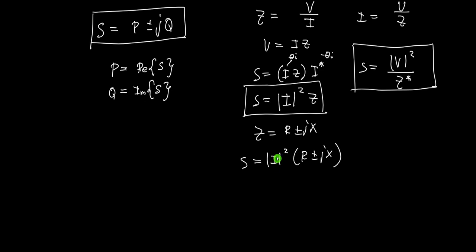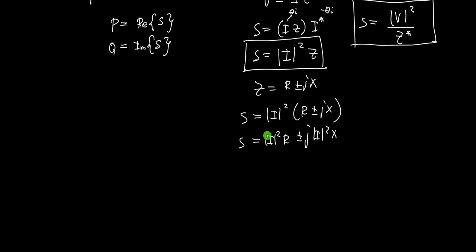Then, because this is just a number, we can distribute that directly, and we will have I squared times R plus or minus J I squared times X. Look at this, this is in rectangular form.